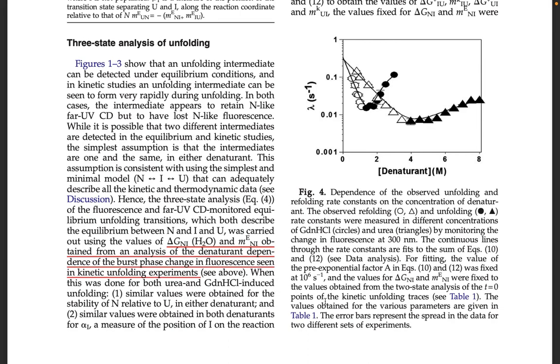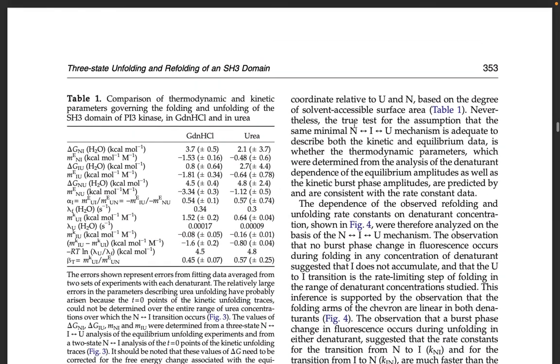When this was done for both urea and guanidinium hydrochloride induced unfolding, similar values were obtained for the stability of N relative to U in either denaturant, and similar values were obtained in both denaturants for alpha I, a measure of the position of I on the reaction coordinate relative to U and N based on the degree of solvent accessible surface area.